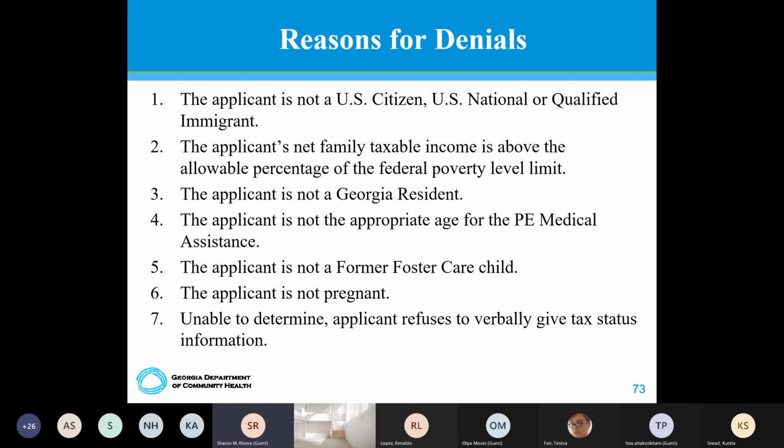Now, do we still enter the members of the household that are not eligible, like when mom and dad are not eligible because they are, let's say, over income? Do we still generate the denial part in GAMIS? Yes, and we're going to talk about that once we look at the GAMIS screenshot. Okay, thank you. You're welcome.